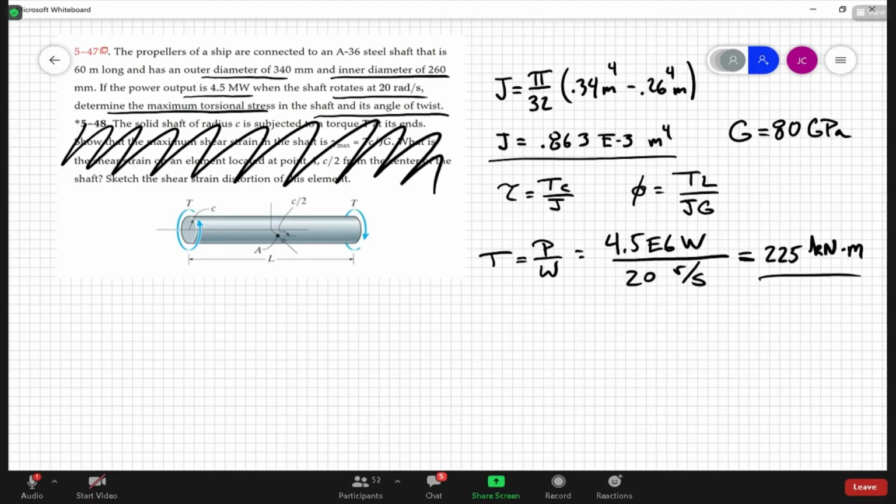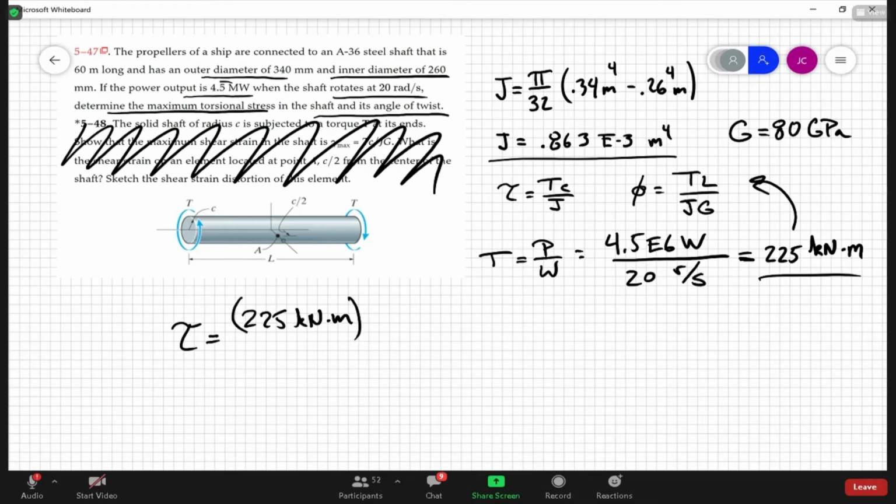All right, and now we can take that and put that into these two equations. The shear stress is the 225 kilonewton meters times the outer radius.